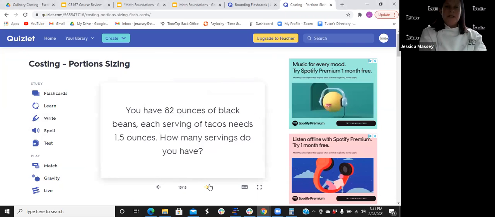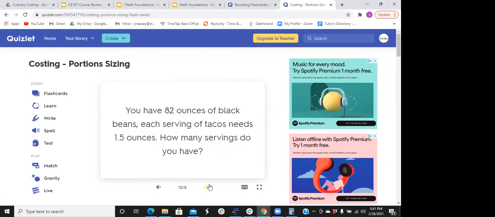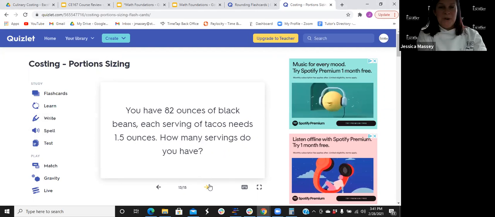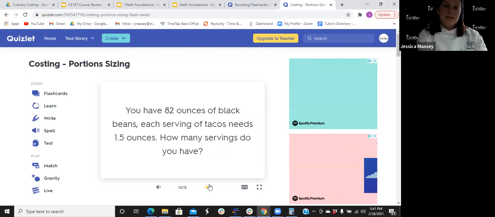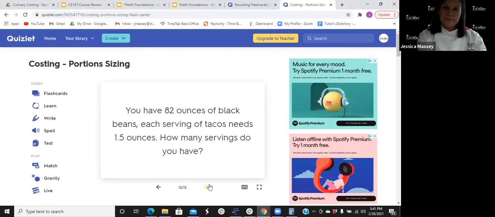All right, so you have 82 ounces of black beans. Each serving of tacos needs 1.5 ounces. How many servings do you have? And how might you figure this out?